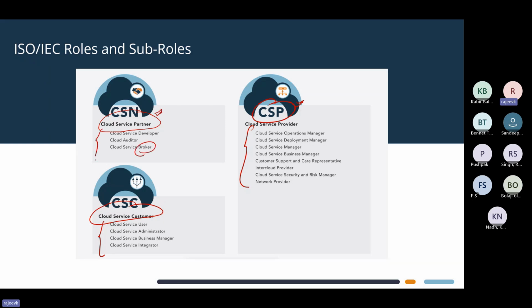Within partners, we have the developers who will develop the services for the cloud platform, the auditor who will audit the services, and the broker who can help customers get the relevant services. These partners help provider and customer get relevant services on time.